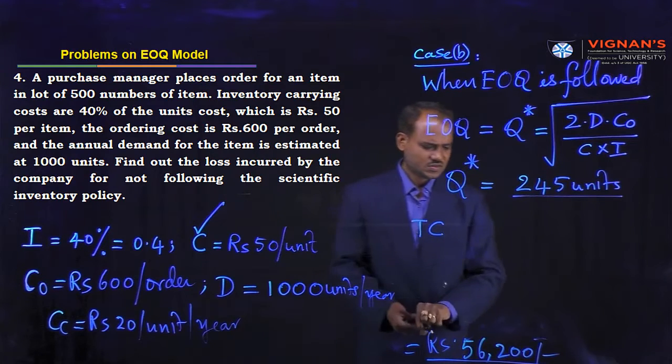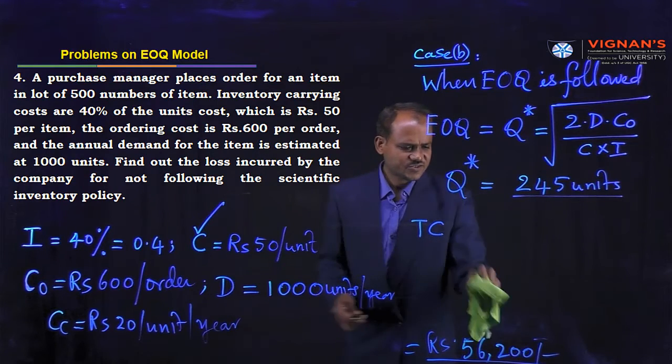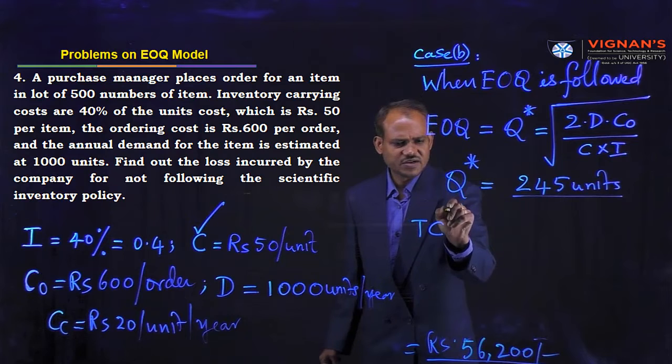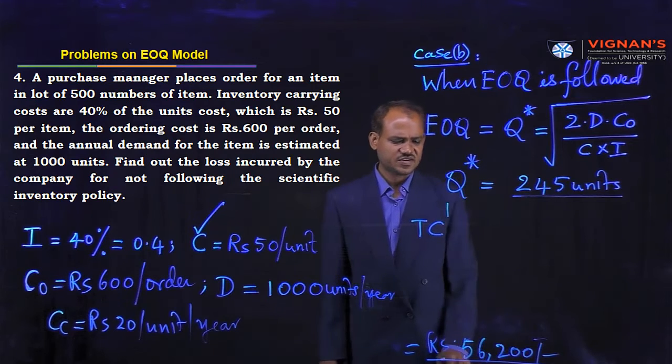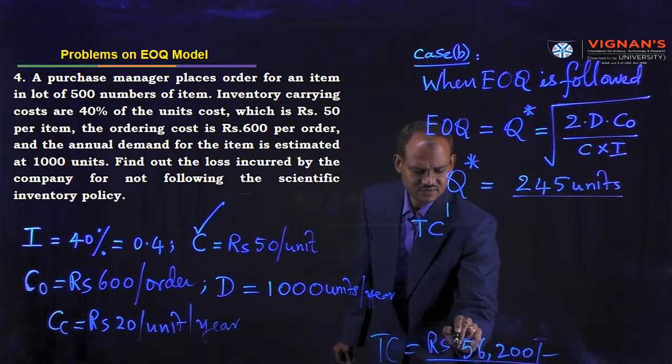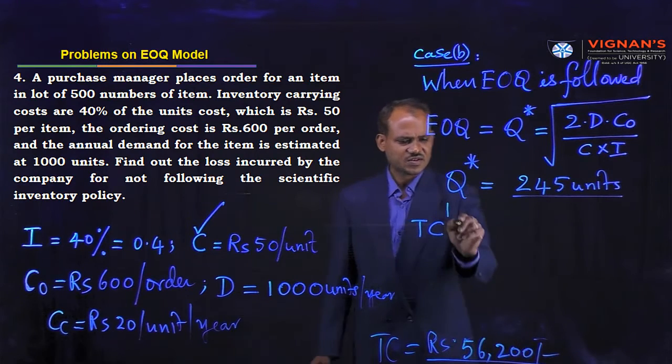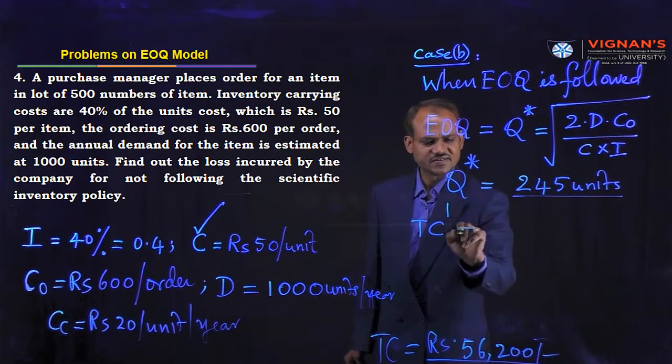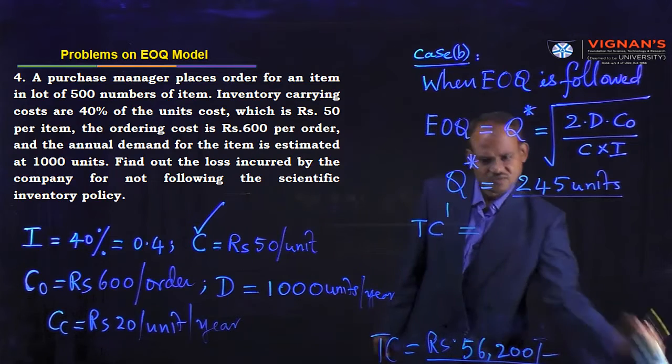So in case B, total cost may be TC dash. Earlier TC, now TC dash is equal to, what is formula?